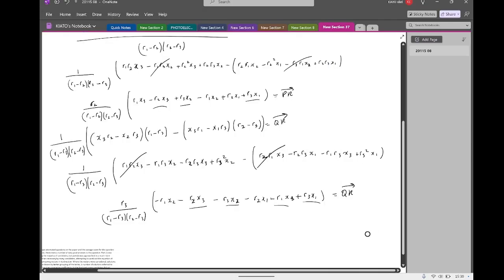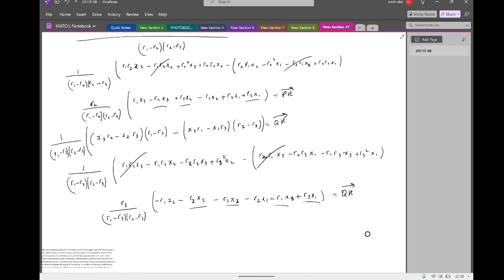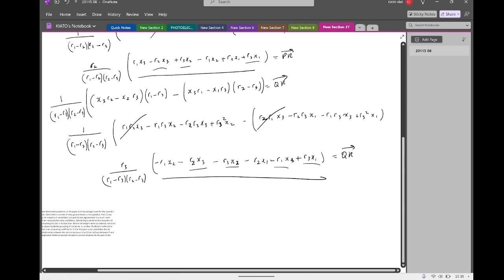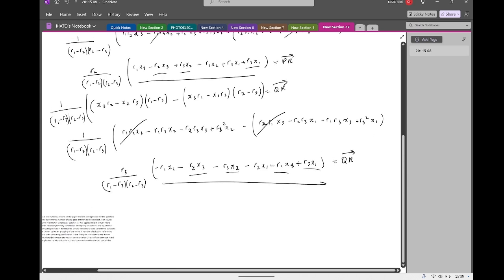Okay, I've just skipped all of the algebra because it would take me ages. But essentially, when you expand everything and you take r2 and r3 common from PR and QR respectively, you get this, right? And you see that this and this is just the same thing. So if we label this thing here f of x, just let it equal f of x.